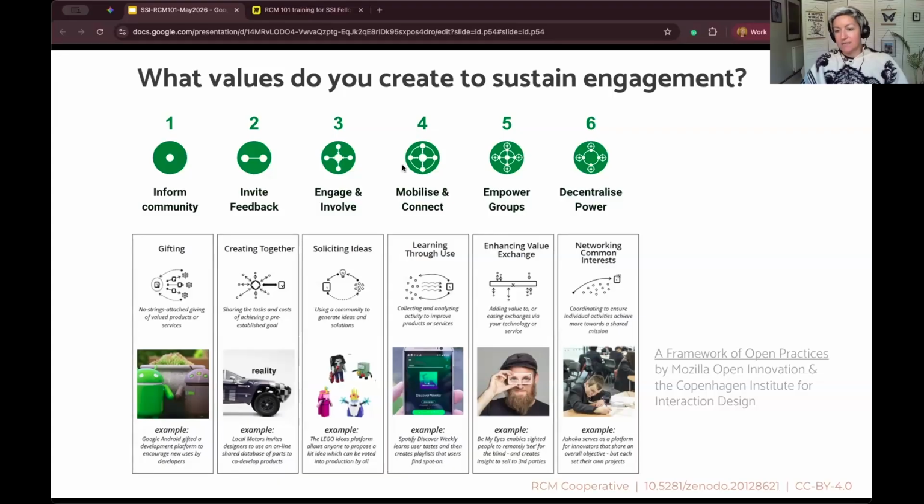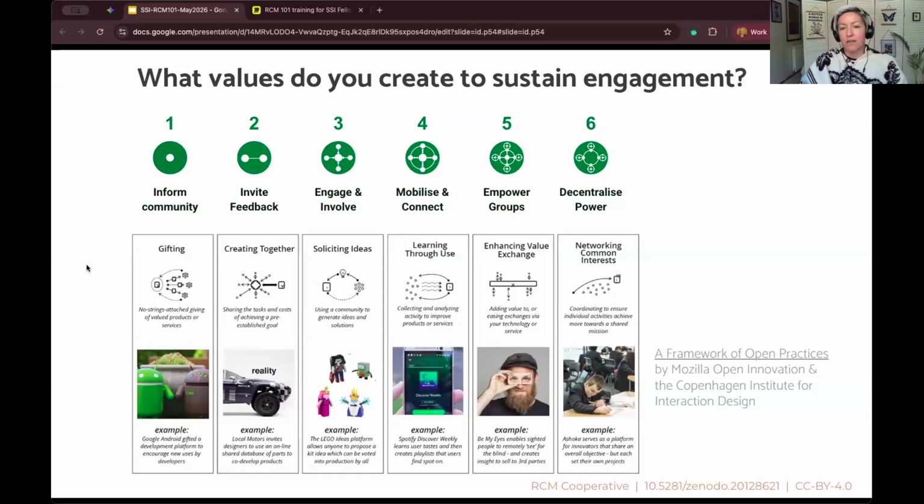So we've got our models of levels of participation, the green circles, and this is another complementary one, the Mozilla framework of open practices. I didn't want to just read it out loud, but I'm going to say it: these are behaviors that you see within a community that you want to amplify and reinforce.